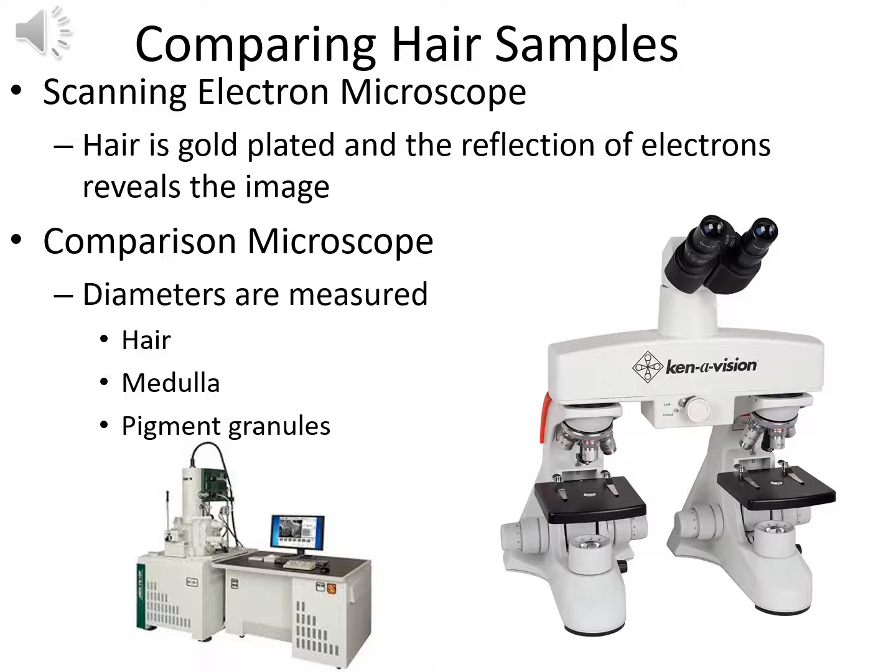You can measure diameters, you can look at the key features of the hair, the medulla patterns, the pigment granules, and at least be able to identify if they were likely from the same source. Again, the only way to be certain would be to perform genetic analysis if you're lucky enough to have nuclear DNA material. But failing that, at least you can say if the hairs are consistent with one another.